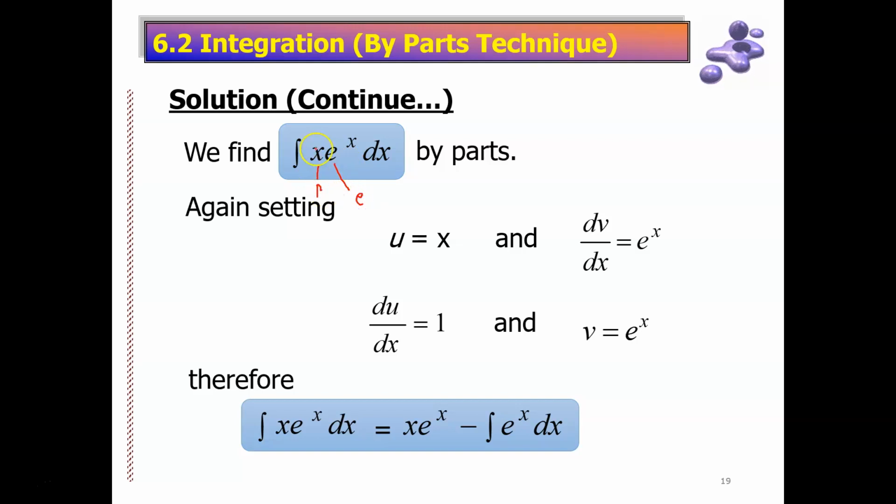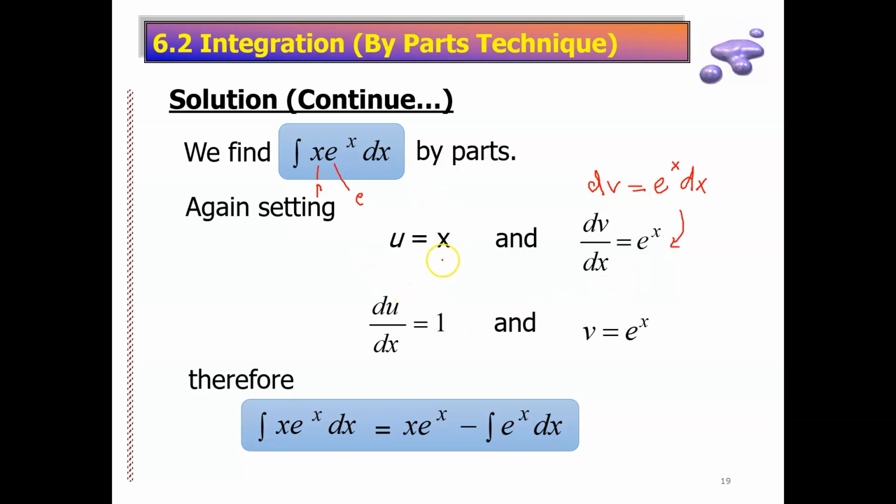So kita akan pilih yang polynomial as our u equal to x, and sakibaki dia e^x dx akan jadi our dv. Dia akan jadi macam ni, dv equal to e^x dx. Ni yang original. Bila kita susun balik, dia akan jadi macam ni lah.